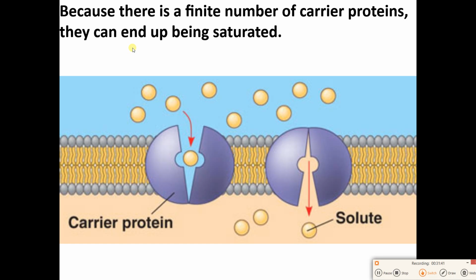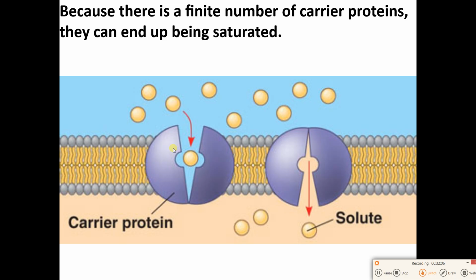And what's interesting is carriers can end up being saturated. So if I only had one carrier protein, well, I can only move one molecule through it at a time. There's a maximum speed I could do this facilitated diffusion with a carrier, because I'm only going to have a finite number of these guys.